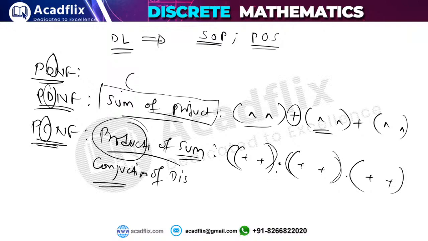Okay, now let's take one example. Let's understand this concept with an example. Let's assume that you have a formula like this, P or Q. Now this is the formula. Let me take a truth table.